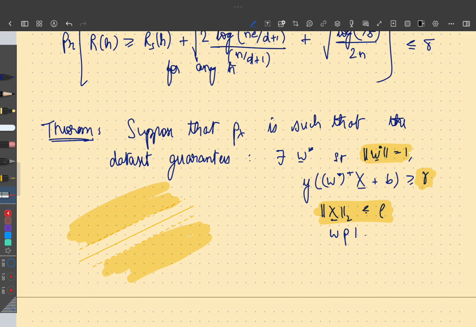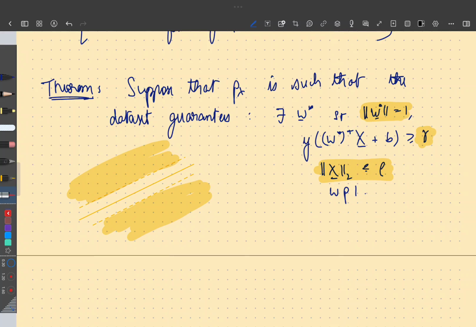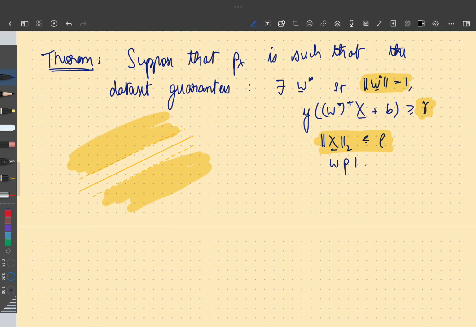This is what the data set guarantees. If the data set has this property, then whatever I say henceforth is guaranteed to hold. If not, then no. And remember, for this, it has to be linearly separable, not just linearly separable, but with a certain margin guarantee.